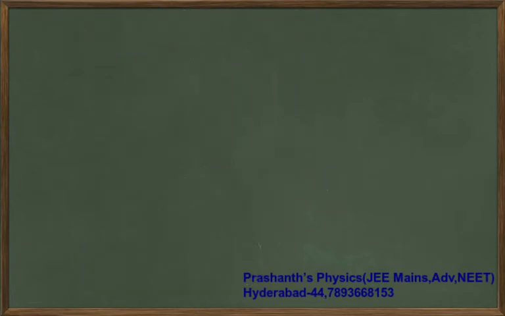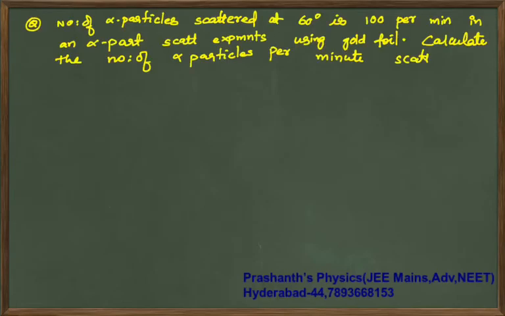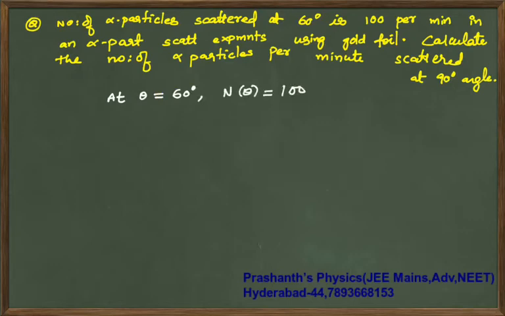Now based on this, let us try a simple question. So this is your question. You are supposed to calculate this. At theta equal to 60 degrees, n of theta is 100.